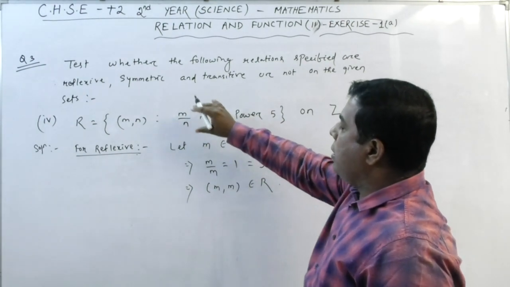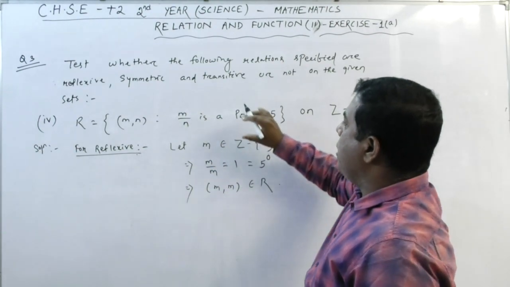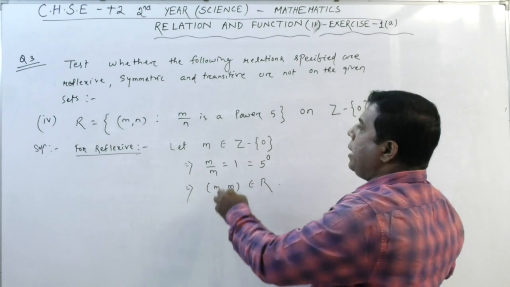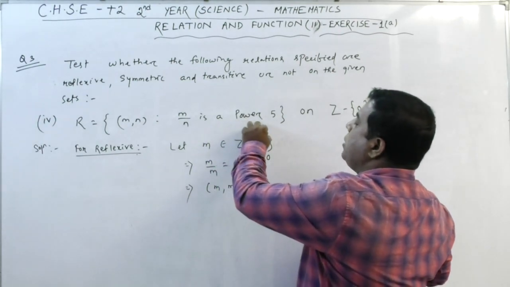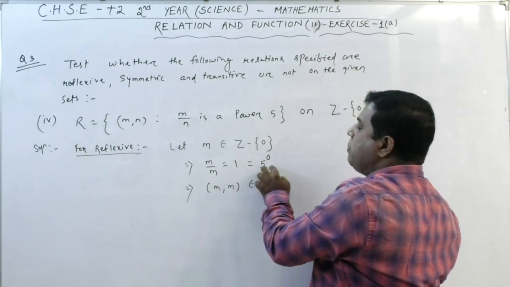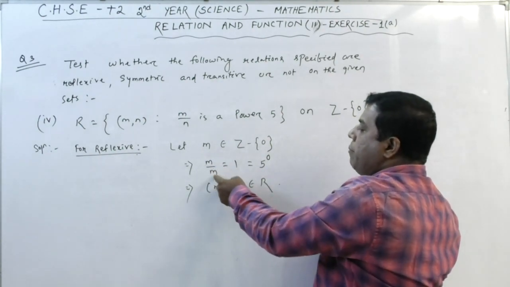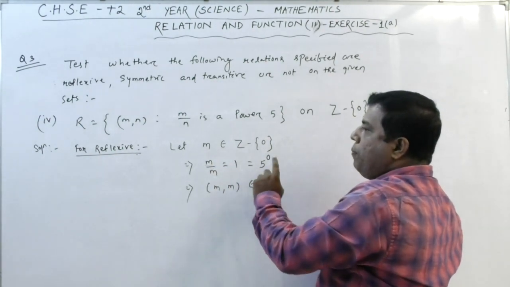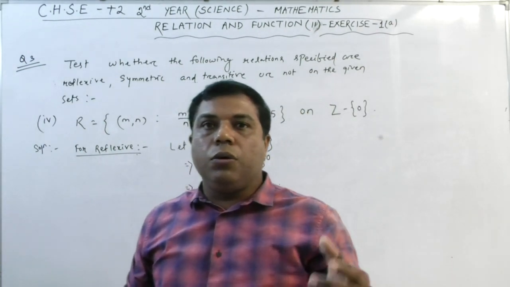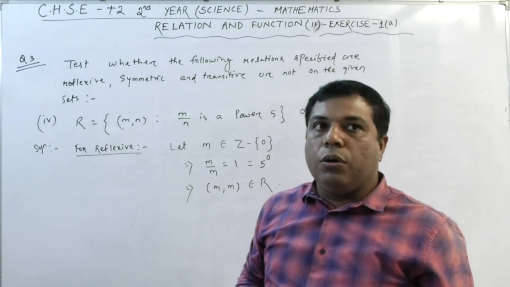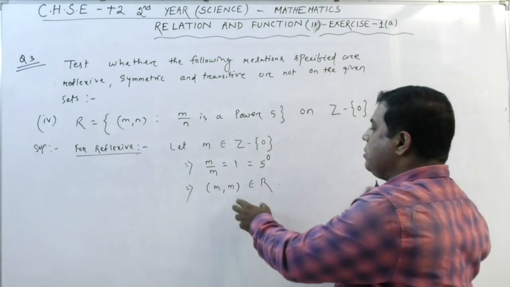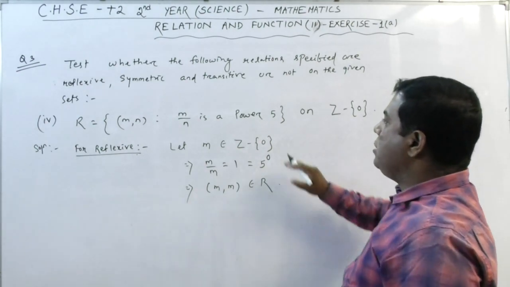Because the relation contains those pairs that can be written as a power of 5. 10 by 10 equals 1, which can be written as 5 to the power 0. 2 by 2 equals 1, it can be written as 5 to the power 0. So (m, m) belongs to R, as it is a power of 5.